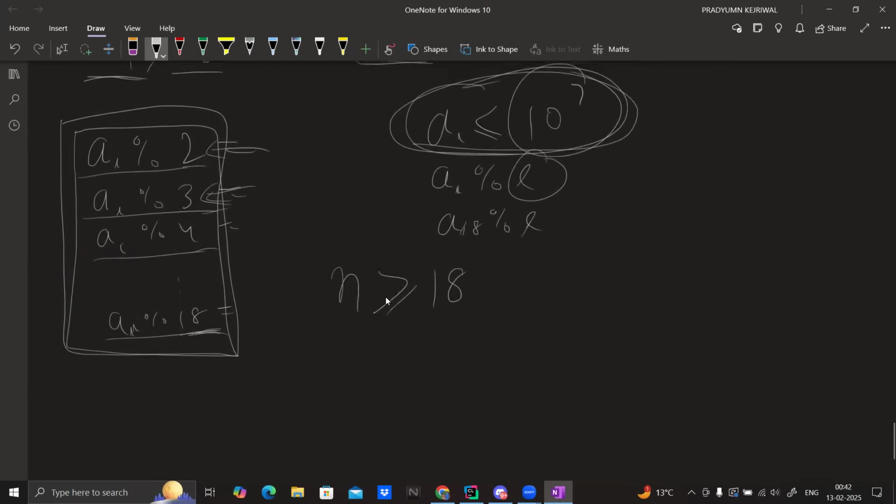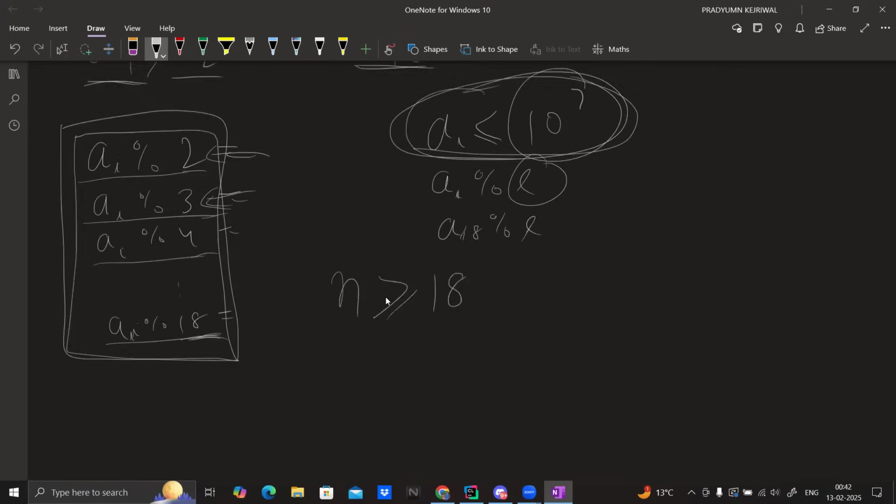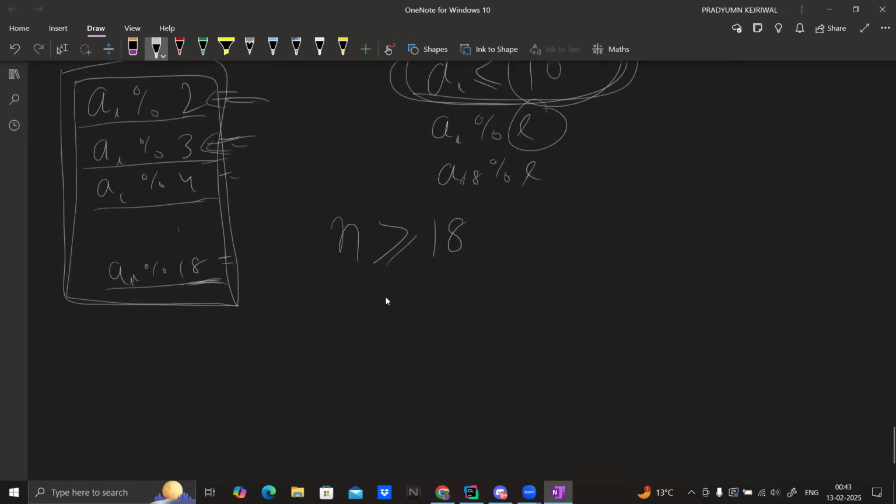We want to construct a subsequence of that type, right? To do that, if n is greater than or equal to 18, then we can just select some 18 integers from that array, such that not all of them are the same, and then just apply brute force.